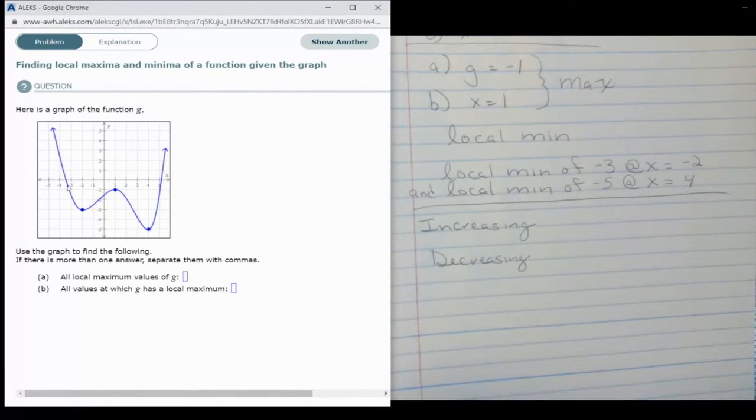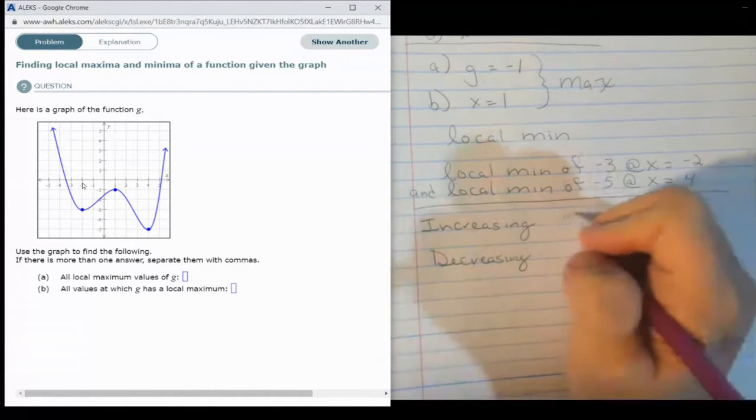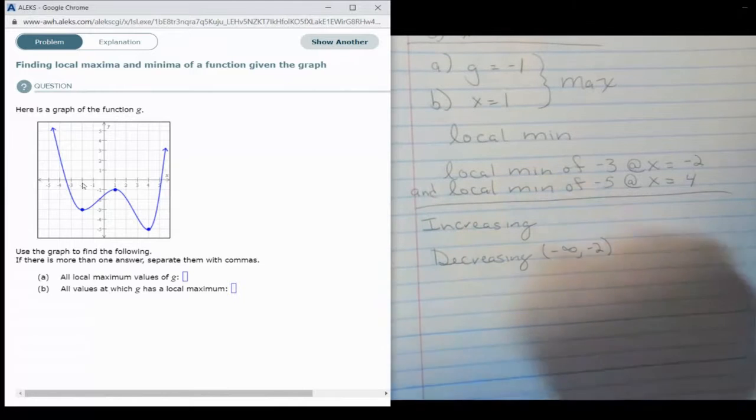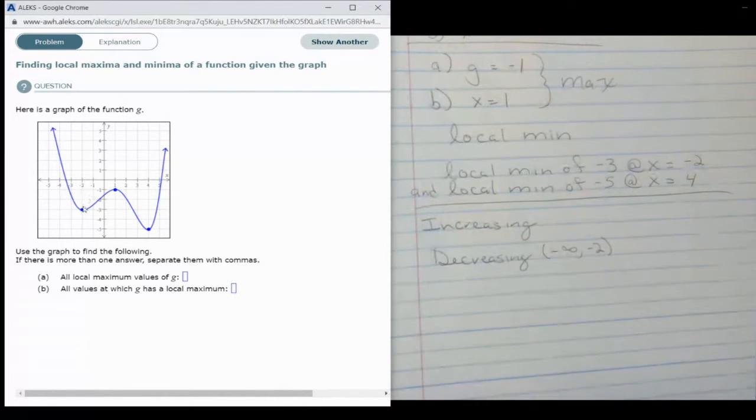It's coming down until I hit -2. So it's decreasing from -infinity to -2. Then it increases in this section here, which is from -2 to 1. It increases.